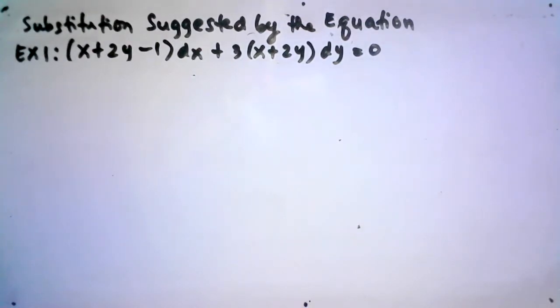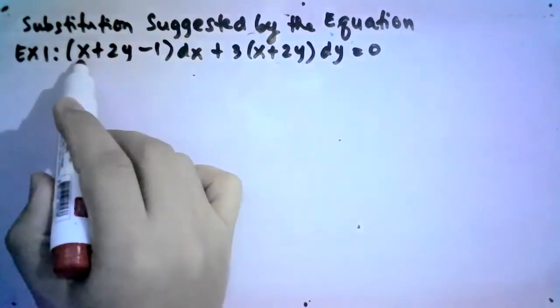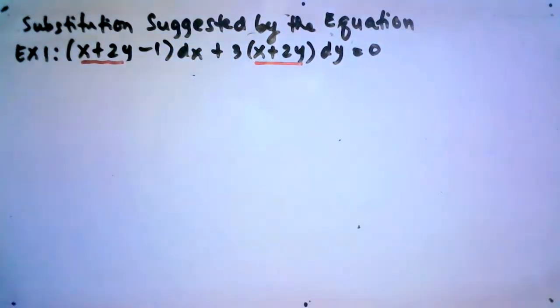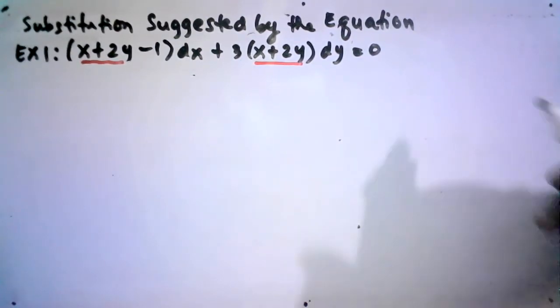So when we apply the substitution suggested by the equation, we will make use of the substitution method. Again, this is the common term for M dx and N dy. To solve this problem, we apply a substitution method, so we will make use of another variable.